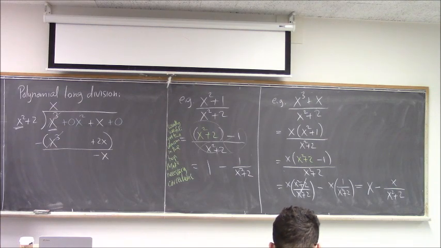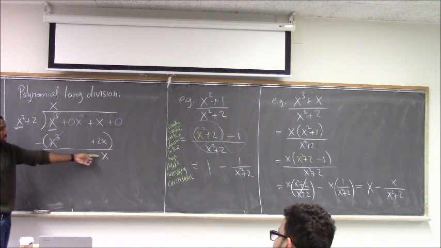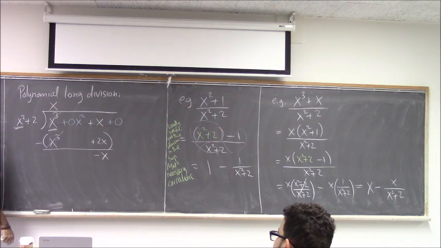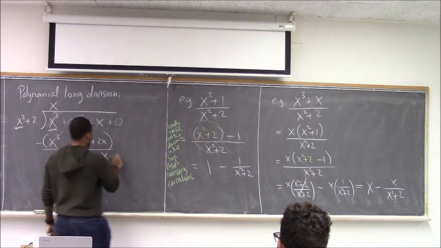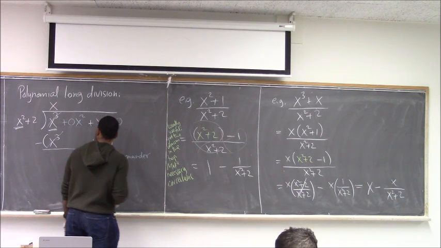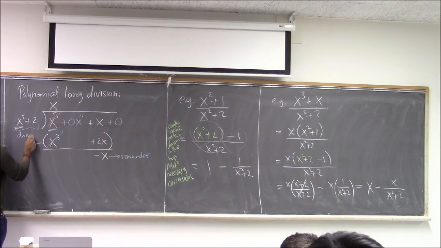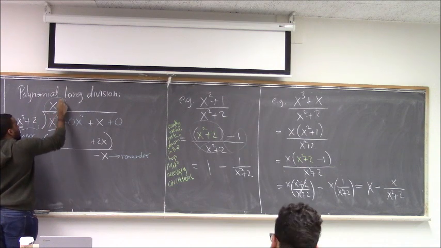So now you say x squared into x. Well, you can't. That power is smaller. So you stop the process there. Now this guy here is called the remainder. This guy here is called the divisor. And the guy up here is called the quotient.